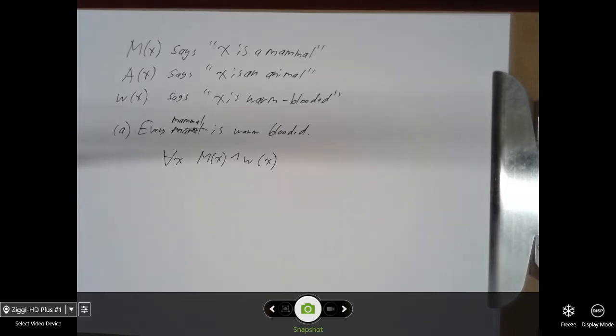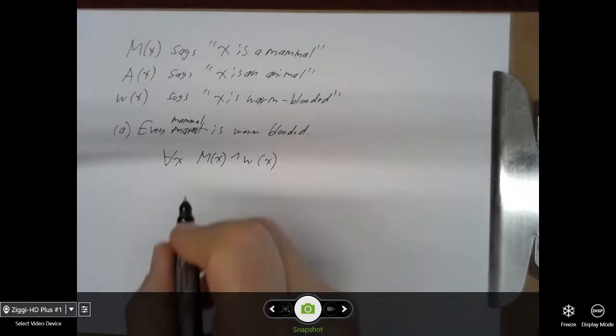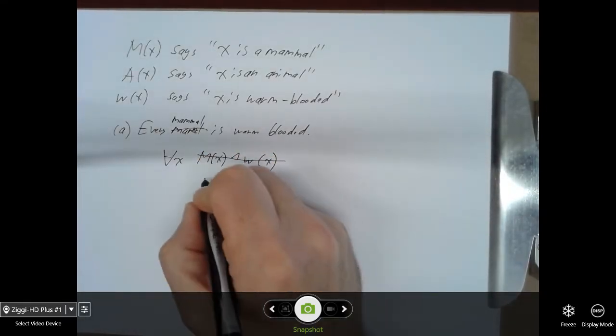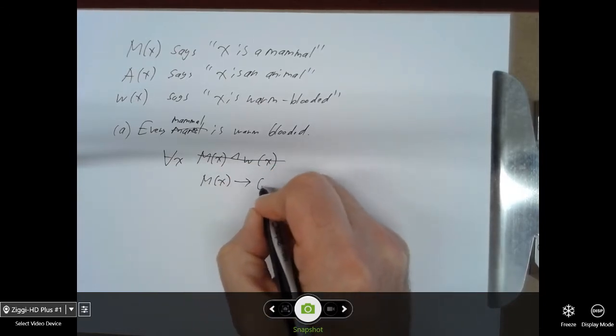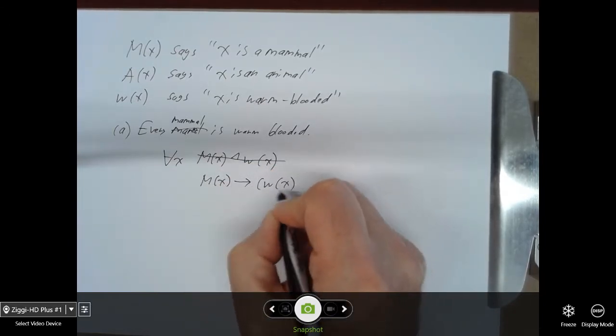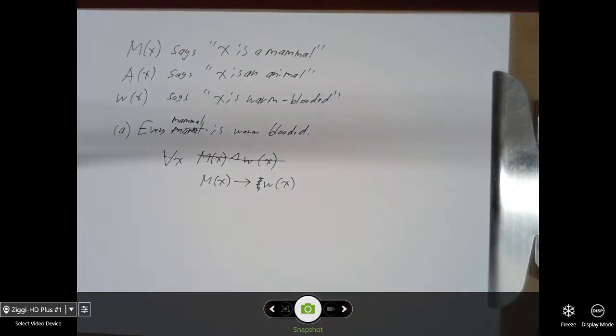Then this statement isn't true. But you're within one symbol. Yeah. If M of X, then W of X. If X is a mammal, then X is warm-blooded. That's another way of saying every mammal is warm-blooded.